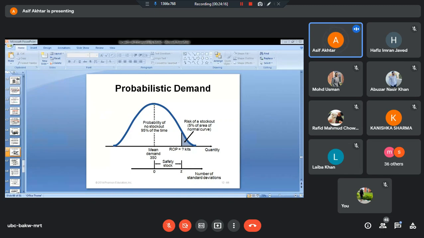You are seeing a portion which is white and you are seeing a portion which is shaded. The portion which is white is 95%. Clear? This 95% and the remaining 5% is the shaded portion. That is something else.